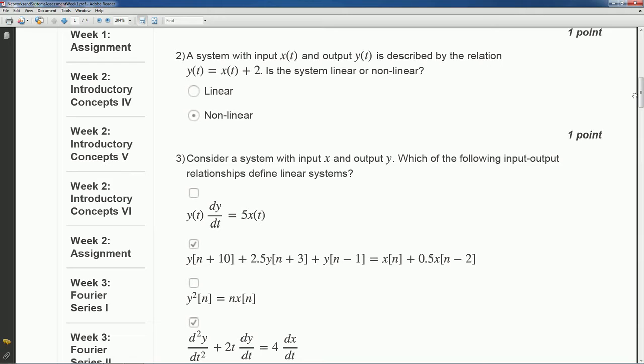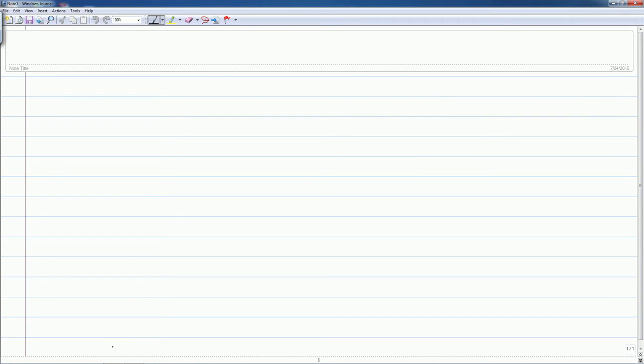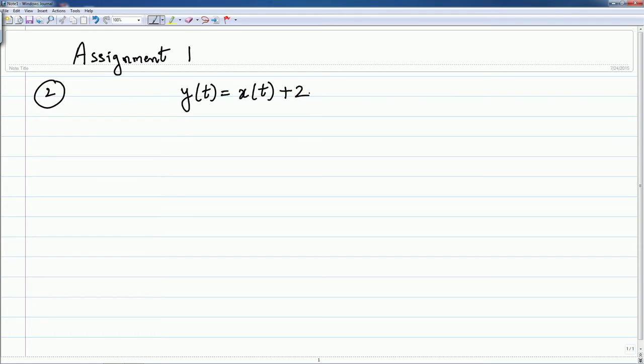So how do you go about solving a question like this? Let me take that up as an illustration. Let us look at question number 2 in assignment 1. You have a system which is described by the input-output relationship y(t) = x(t) + 2.